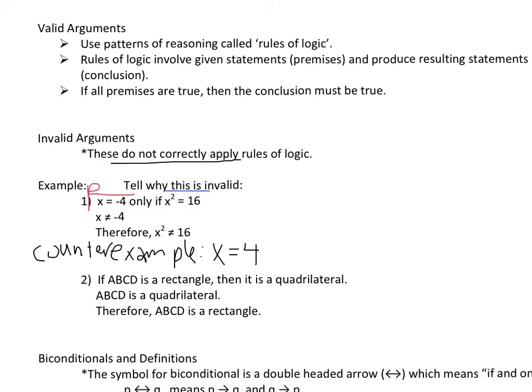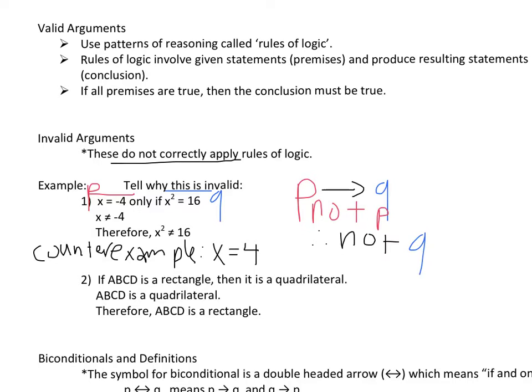So if we make this our P and this our Q, and we think about traditionally if P is true, then Q is true, this person had taken, okay, it's not P, and made the conclusion, therefore it must not be Q.